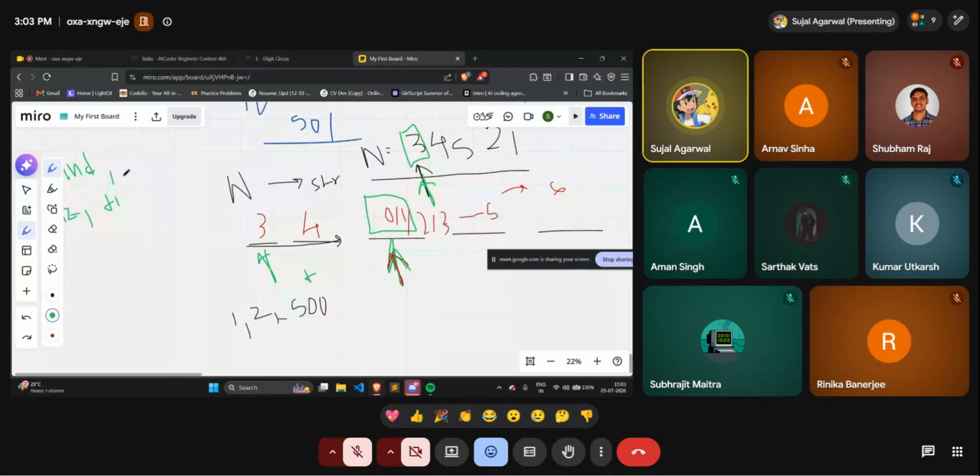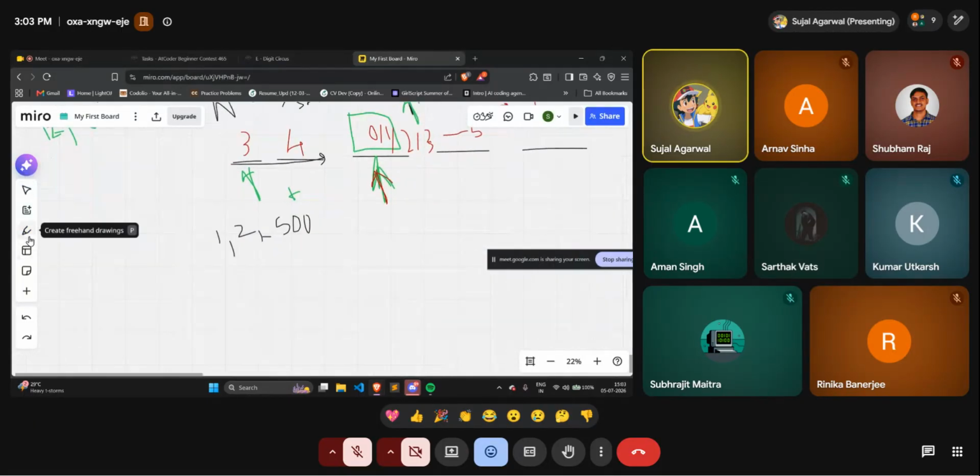For this we can handle a set to store the unique digits up till this point, and then we can store the count of it.